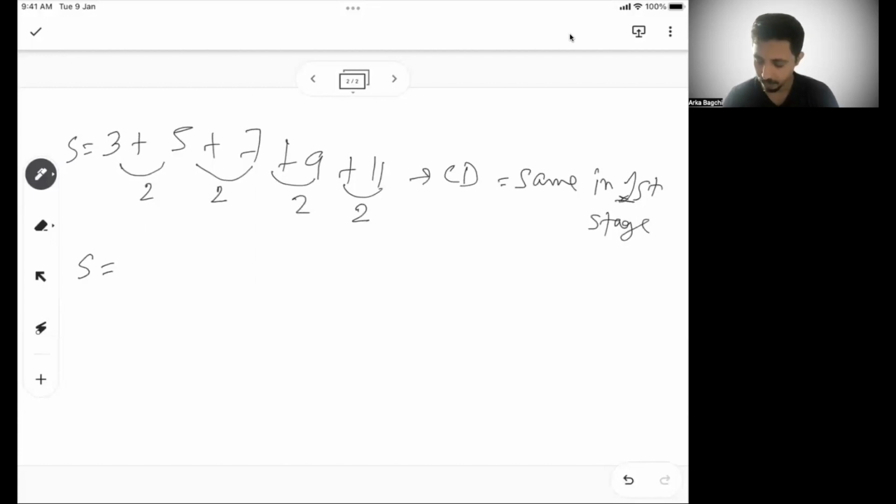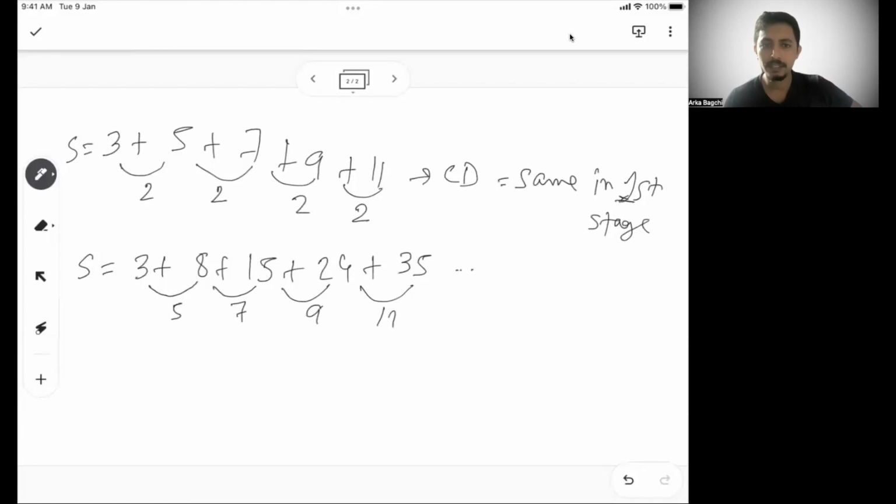Now in the same way, if I give you 3 plus 8 plus 15 plus 24 plus 35, and so on, and ask you to find the sum, what will you do? You can see the first level differences here are 5, 7, 9, 11.